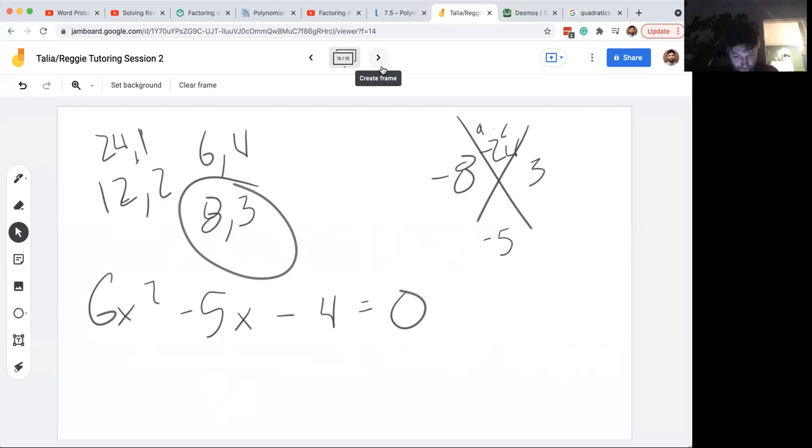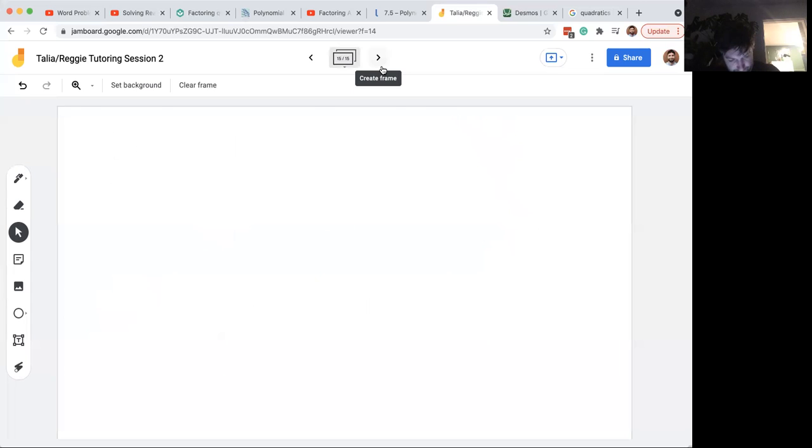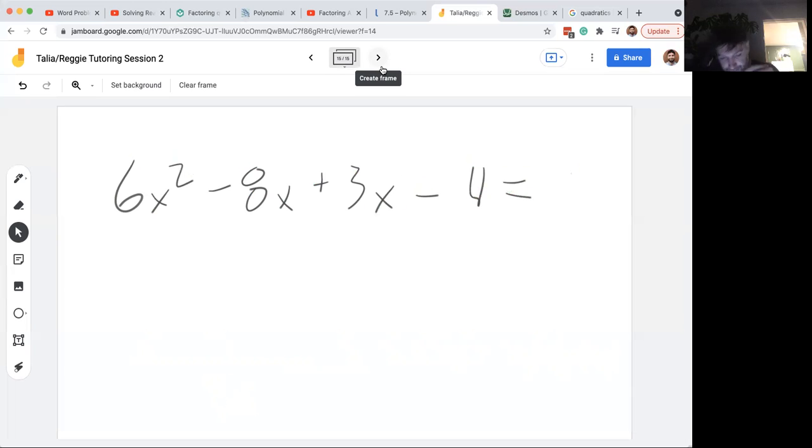So I'm now going to write this as 6x squared minus 8x plus 3x minus 4. Let's clear this out. 6x squared minus 8x plus 3x minus 4 equals 0.